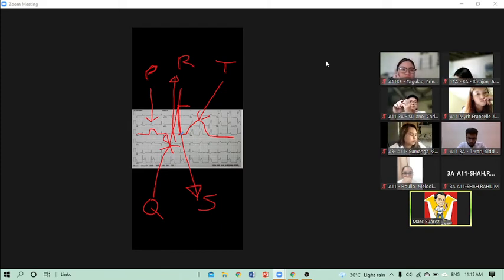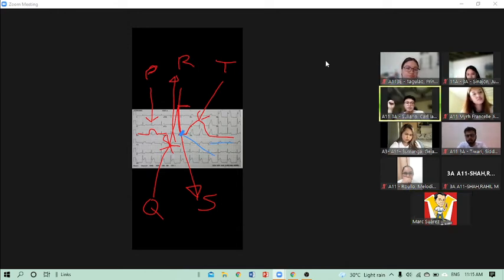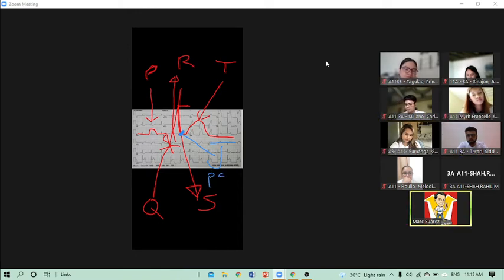Okay. I would like to point out a very special portion of the ECG. So this point marked with the blue color, what is this one? J point, Doc. Very good. Why is this very important? So this will determine if we have an ST depression or an ST elevation.